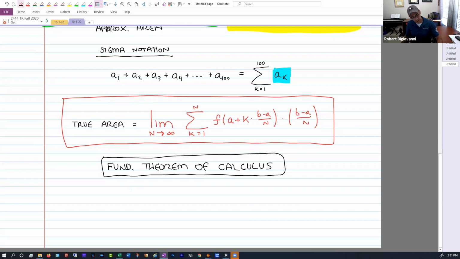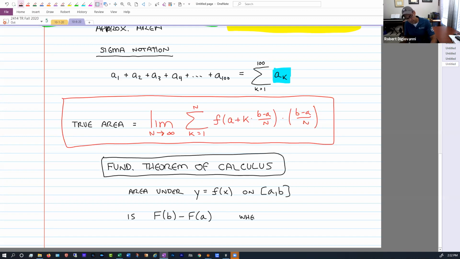It says that the area under y equals f of x on some interval [a, b] is capital F of b minus capital F of a, where the derivative of capital F is equal to little f.